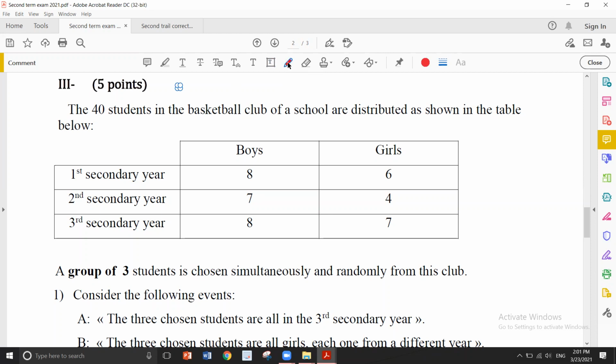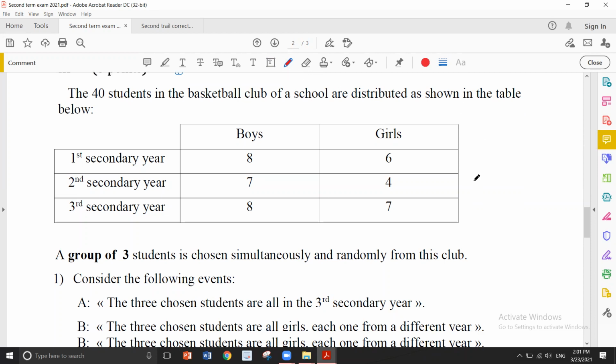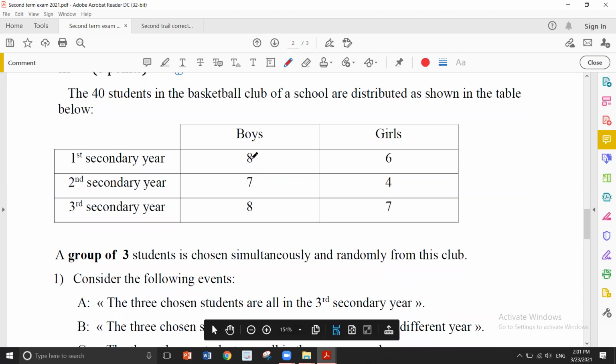Probability, most of you did not solve it correct. I don't know why. Is it difficult? Since we have this table, first we make the total on each column and on each line.